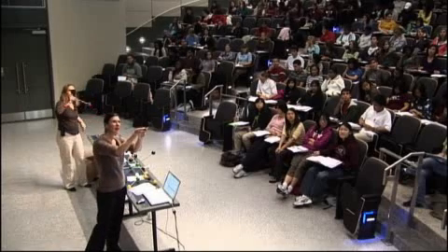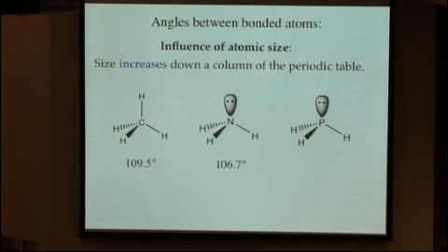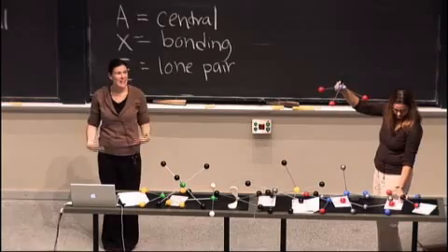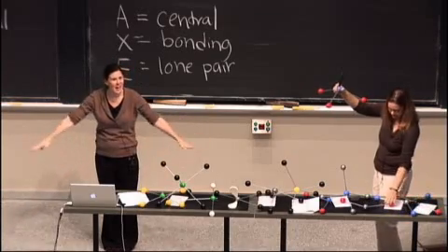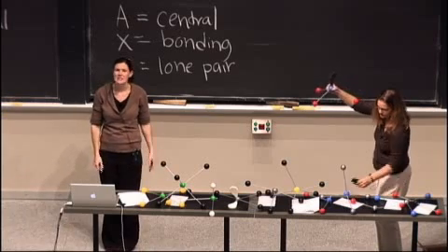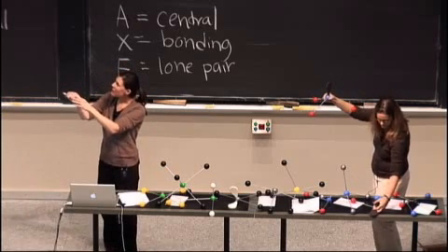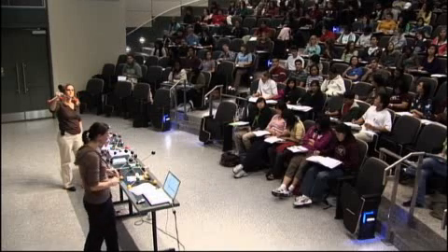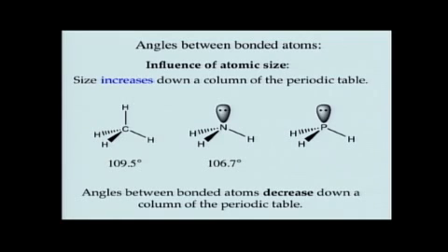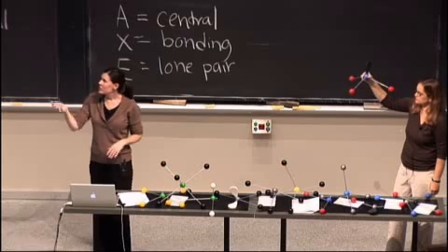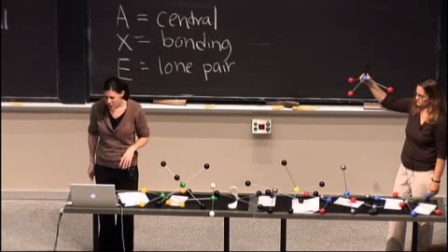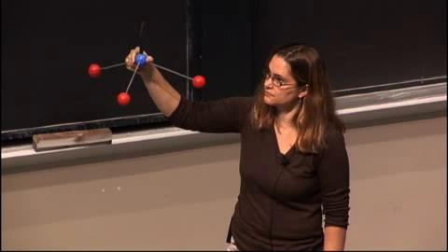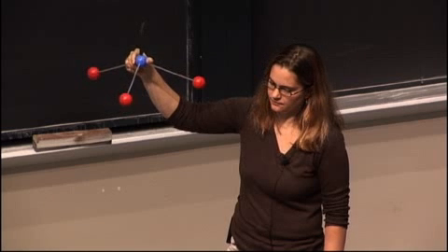That means these lone pair electrons are going to take up more space. This means they're going to push away those bonding electrons even more. So would you expect the bond angle to be larger or smaller for PH3? Yeah, it's going to be smaller. So what we see is that angles between bonded atoms actually decrease as you go down a column on the periodic table. So the actual angles for PH3 are now going to be really quite a bit smaller. They're 93.3 degrees.